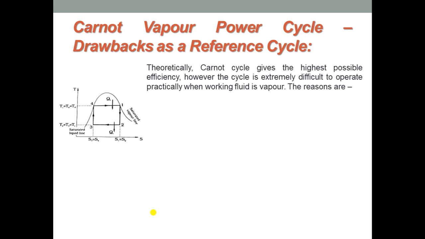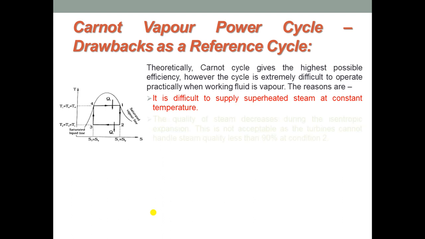However, the cycle is extremely difficult to operate practically when the working fluid is vapor. The reasons are: it is difficult to supply superheated steam at constant temperature. This is the first reason why you cannot use a Carnot cycle if the working fluid is a vapor.